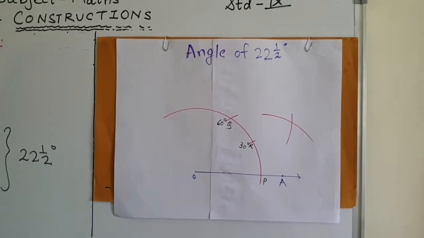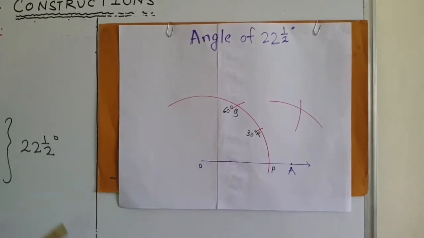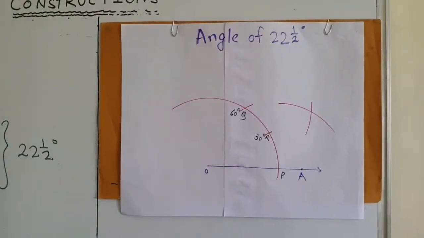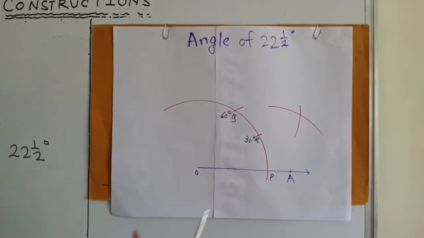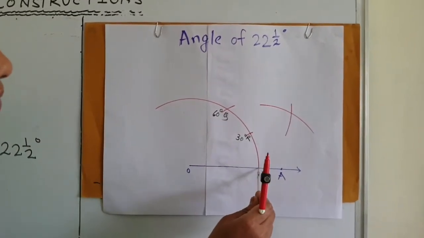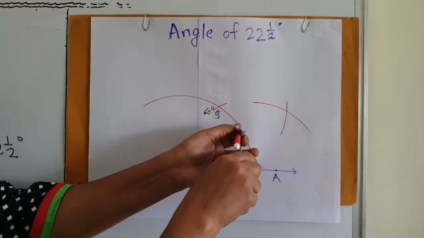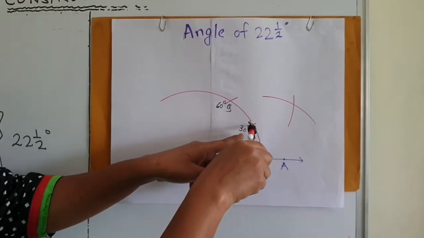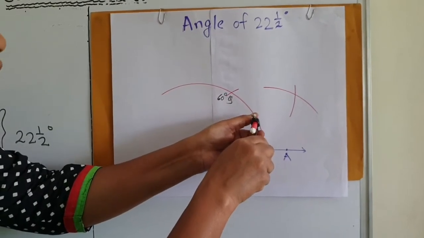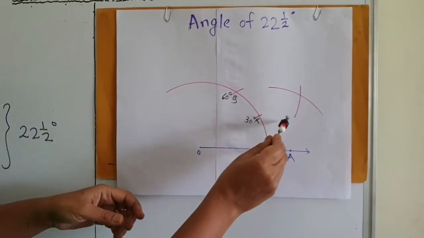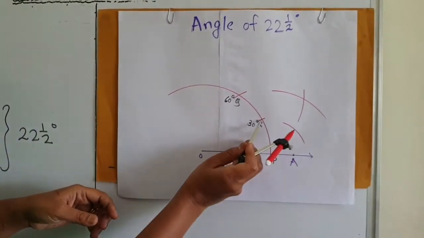Now you know 30 degrees is half. Again we want half of 30 degrees. So half of 30 degrees is PR. Take P and R as centers and a radius more than half of PR. Draw intersecting arcs.